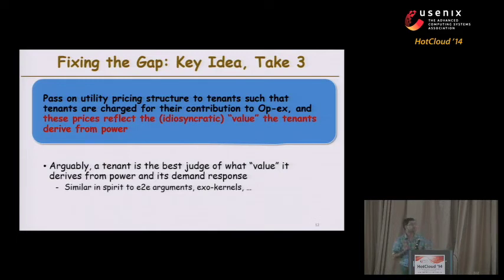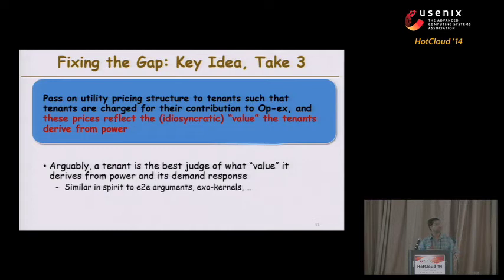arguably the best judge of this value is the tenant itself, not the cloud. Okay? Meaning it should be the tenant who makes this decision of, well, how much value am I going to derive from power that is priced in a certain way, not the cloud doing it on its behalf. Okay?